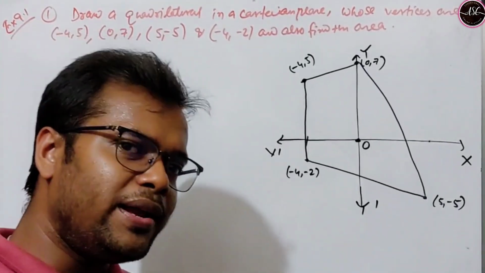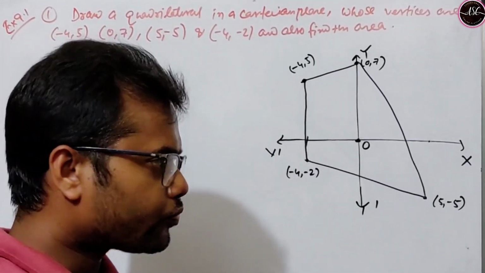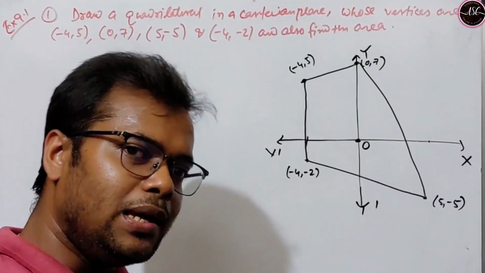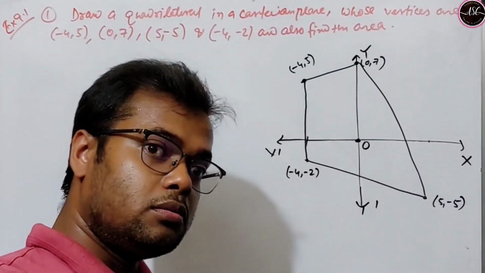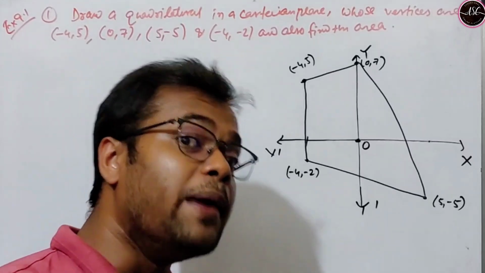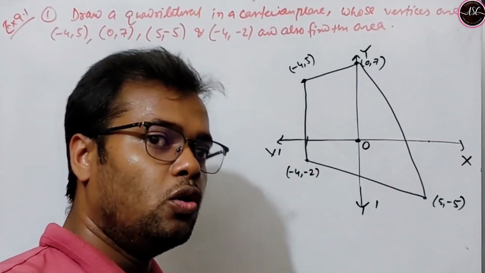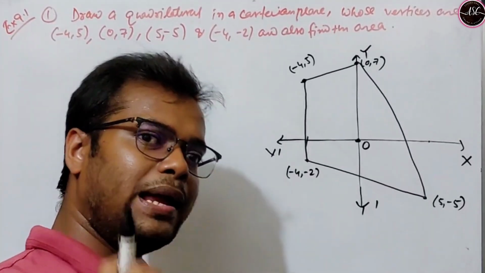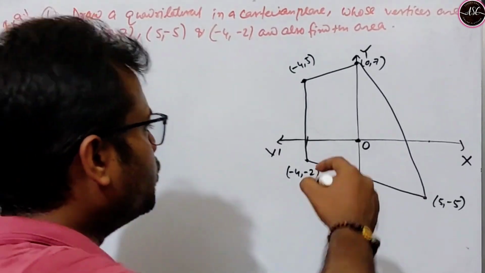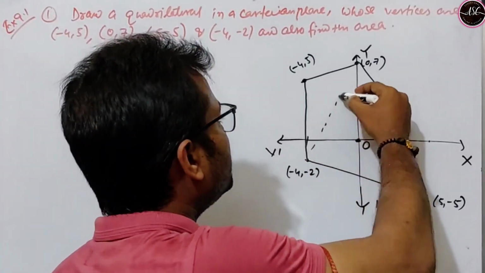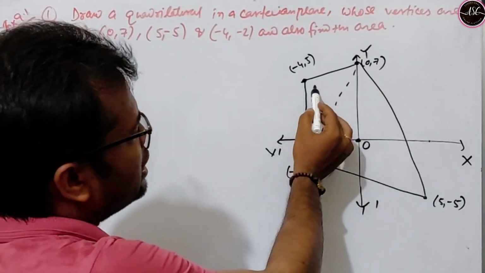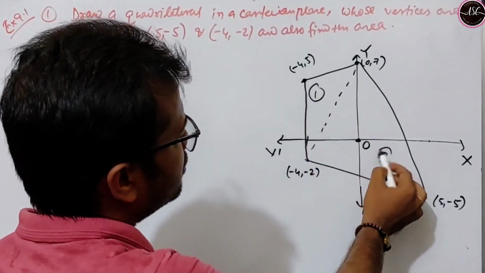So how will we find the area? We have known that if the vertices of a triangle are given, then we can find the area of the triangle. If we join these two points, this is one triangle and this is triangle number 2.